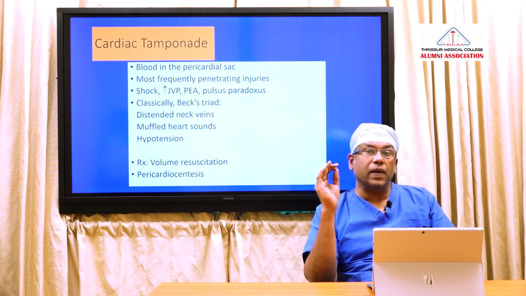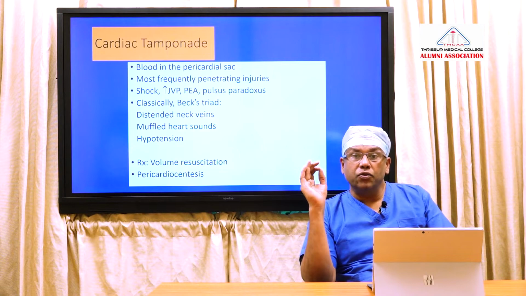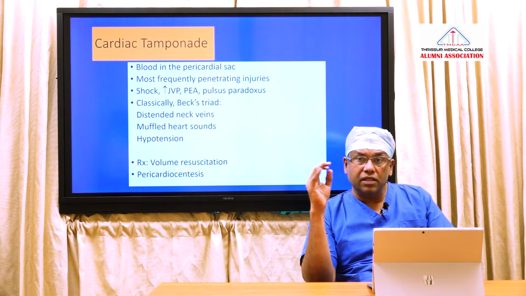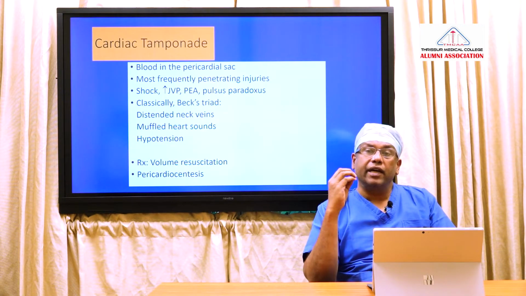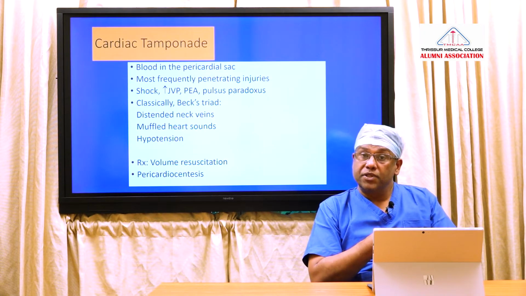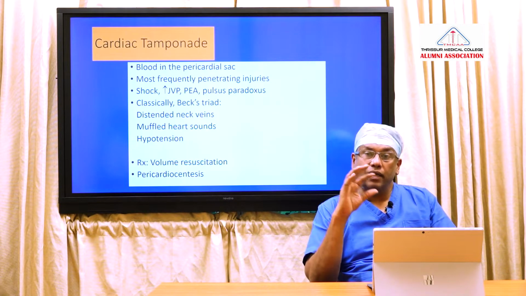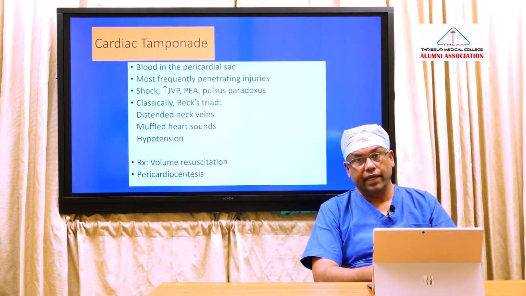Now, that is why the diagnosis of cardiac tamponade is important, and normally with the use of extended FAST, it is very easy to identify a pericardial tamponade by putting a subxiphoid probe, right? That will identify whether there is blood around the cardiac chamber.